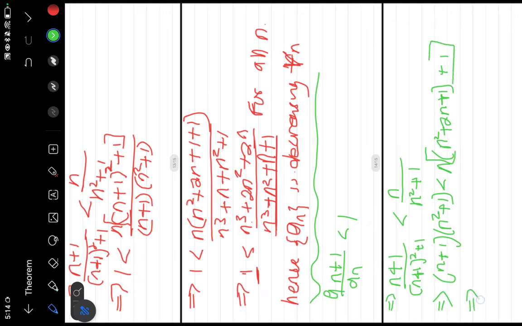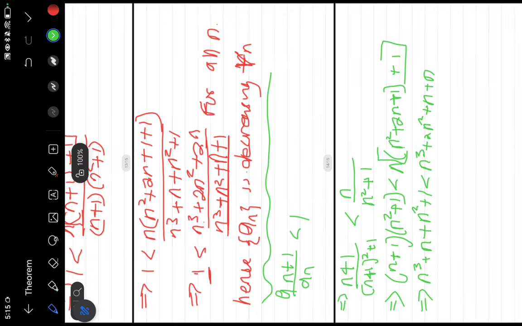Some multiply this by this, which is this one, and this by this, which is this. You agree, right? Just cross multiplied. Then if I simplify this side, I would have n to the third plus n squared plus 1, which is less than this side: n to the third plus 2n squared plus n plus n.